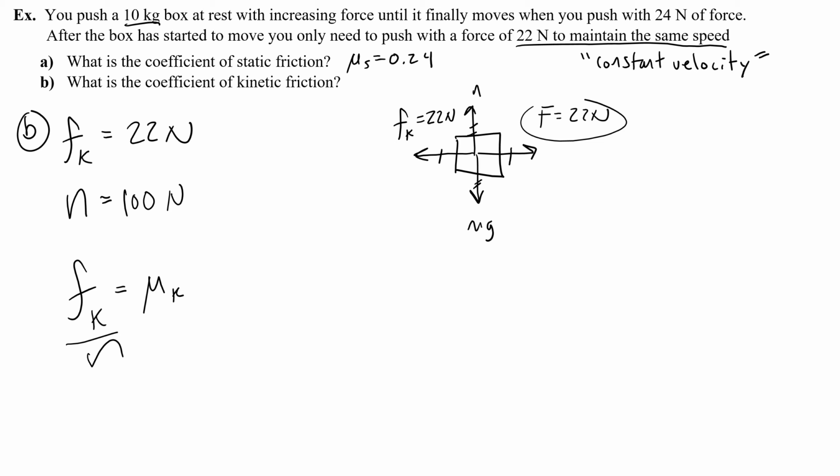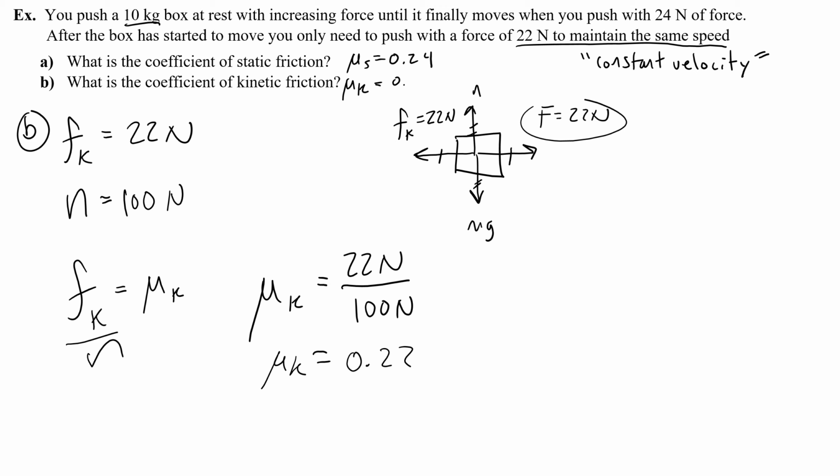And now I know that to find the coefficient of kinetic friction, I take that 22 newtons and divide it by 100 newtons and get 0.22 for the coefficient of kinetic friction, which you'll notice is slightly smaller than the coefficient of static friction for that maximum static force.